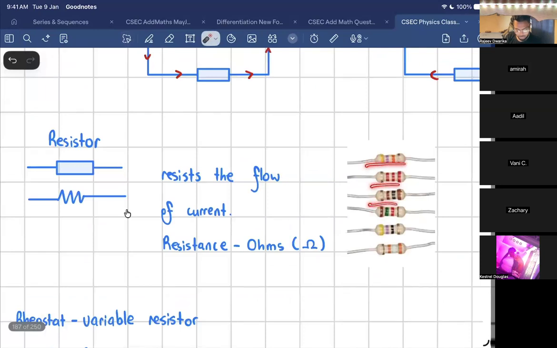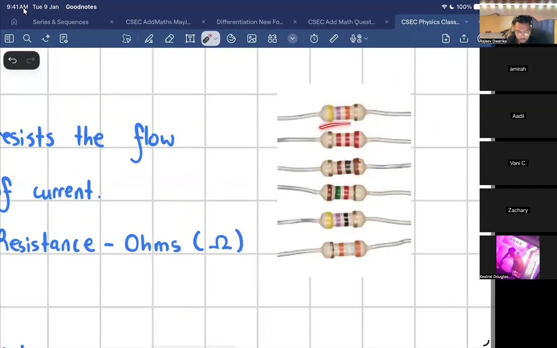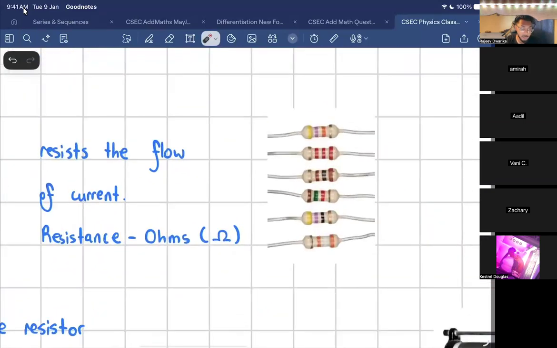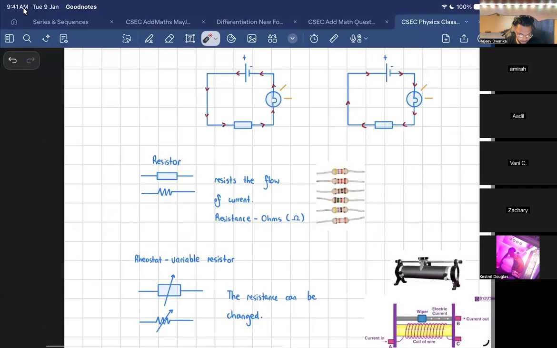Different resistors are going to have different resistances, so they would resist the flow of current either less or more. And there's actually a color code you need to learn so you'd be able to read off resistors. As a big electrical engineer, I should know, but what do I do? I just take a multimeter and measure it. I don't really remember anything.